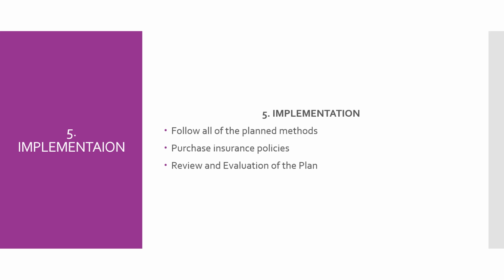So this is how the risk management process works, starting from risk identification, assessment of risk, potential risk treatment, and then we have to create a risk management plan, and then implement that plan. Finally, we have to review and evaluate the plan.